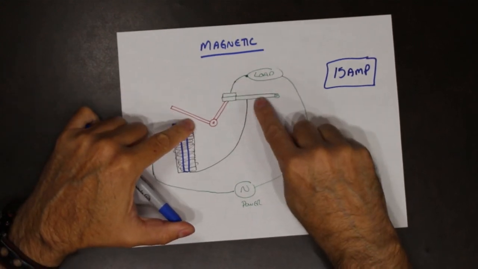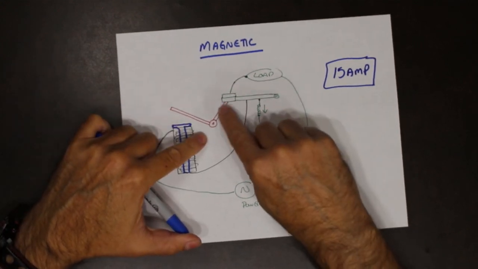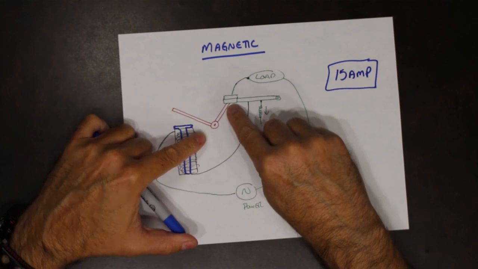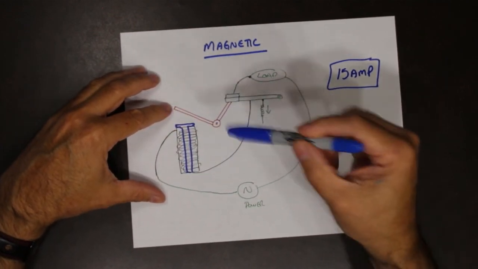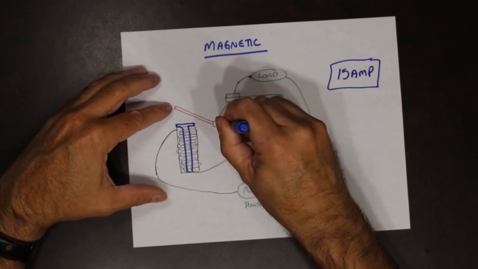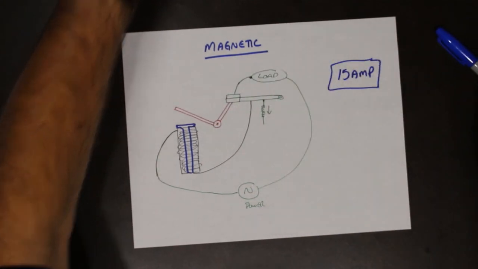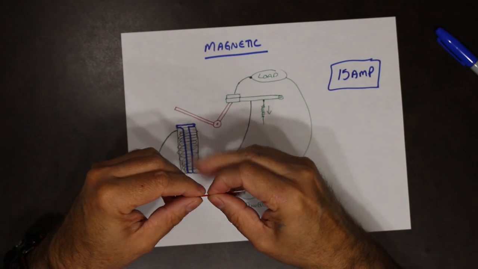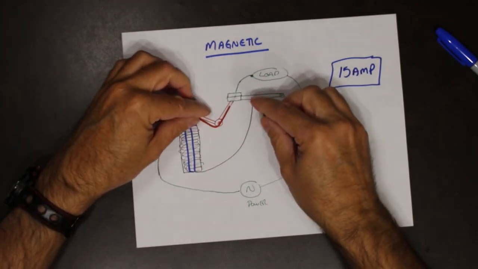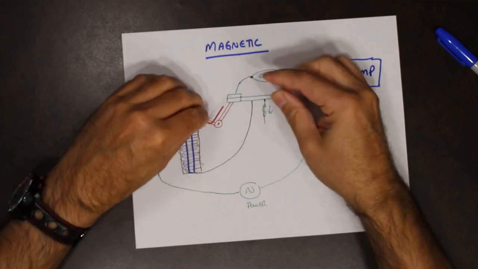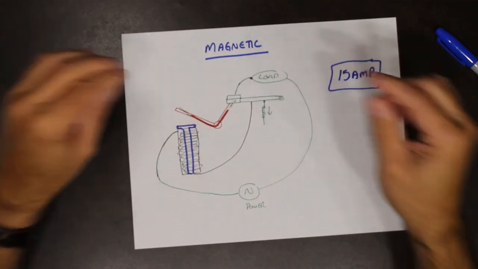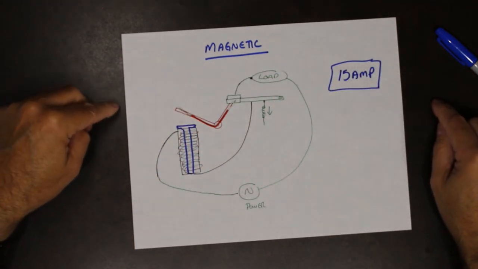The contacts again are spring loaded, and they're sitting on top of this. So this is basically like a bent piece of metal that has a pivot point. Just as an example, I will take this piece of wire that is almost that size and put it there.